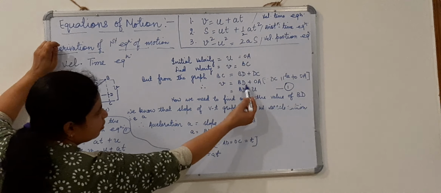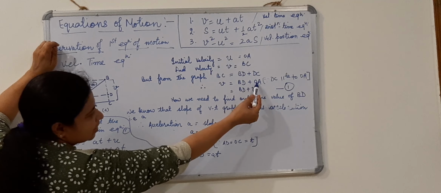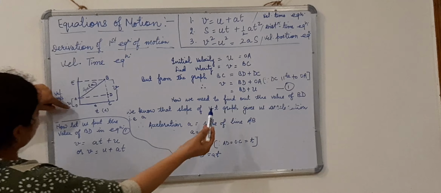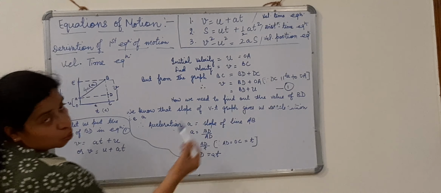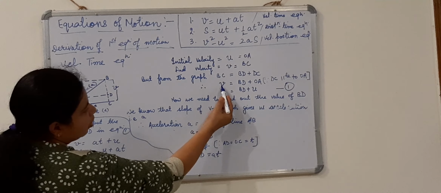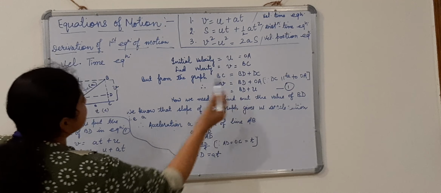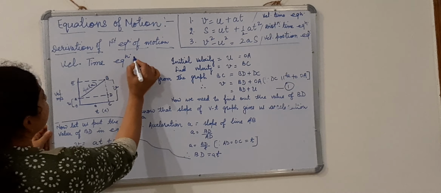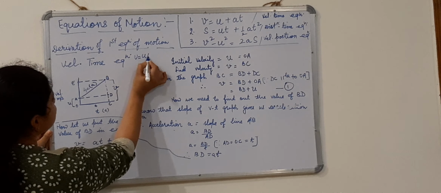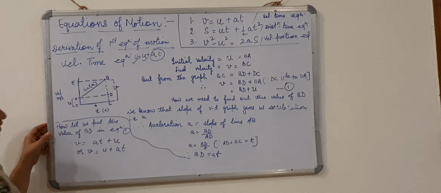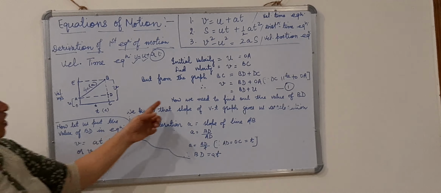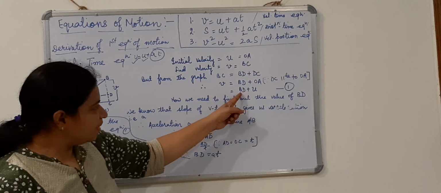That means in this equation I can put the value of DC as OA, and the value of OA is u. So now I got V is equal to BD plus u. But what we need to find is V equals u plus at. This portion we got; now left is at. Now we need to find the value of BD.